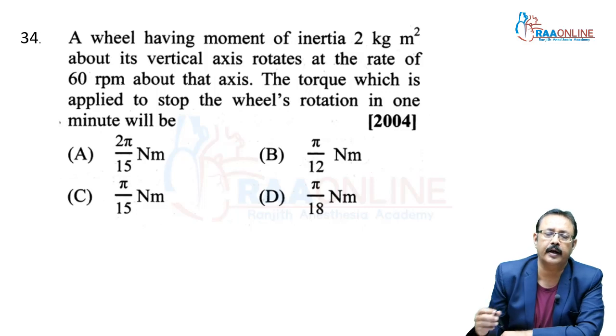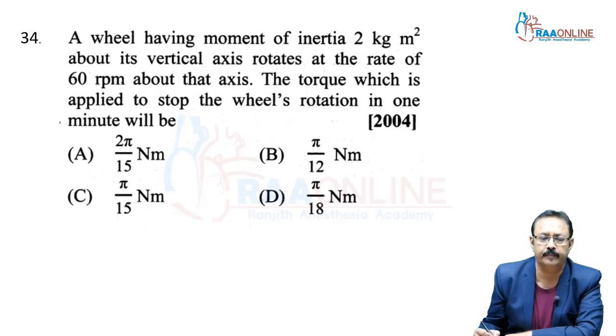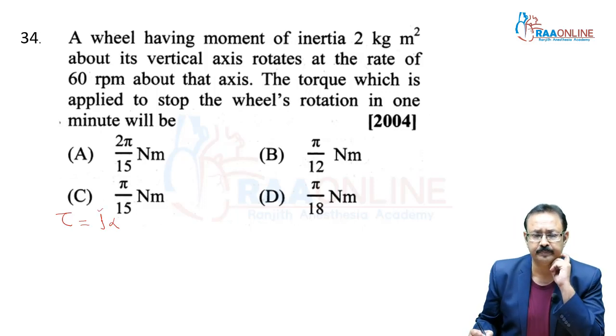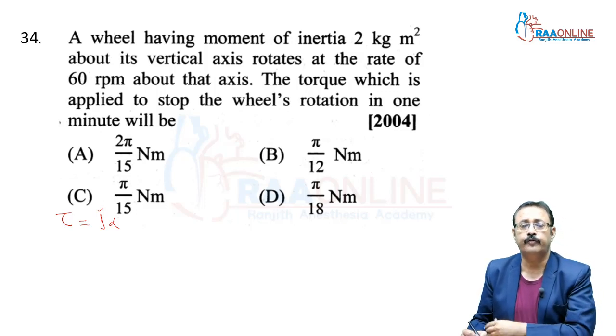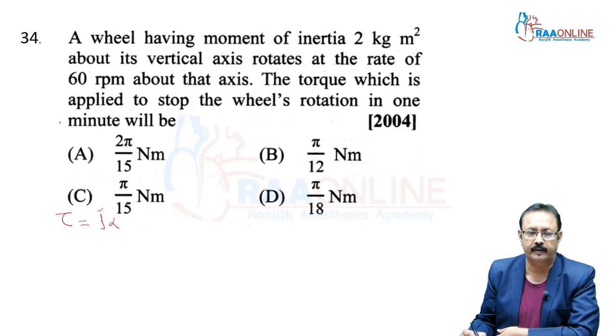First write down again the problem related to equation of motion. You want to calculate torque. Torque is I alpha. I is given. Alpha is not there, so we want to calculate alpha. Which physical quantities do we need to calculate alpha?